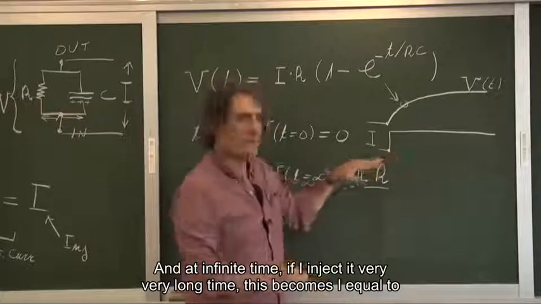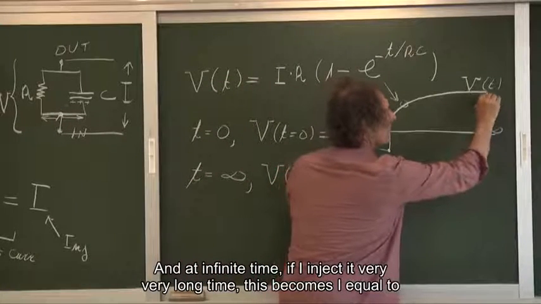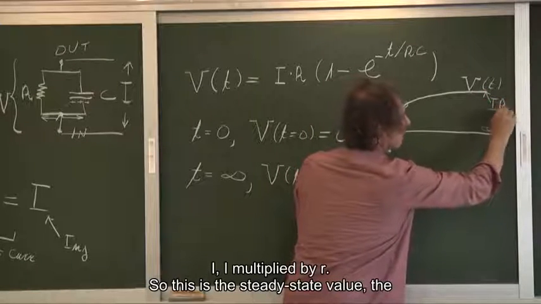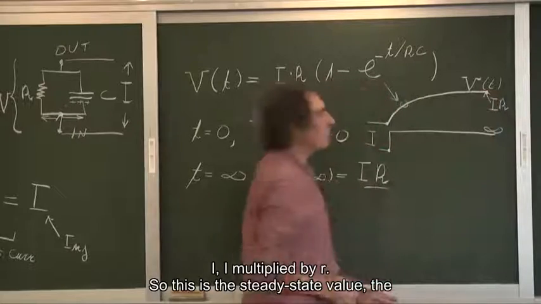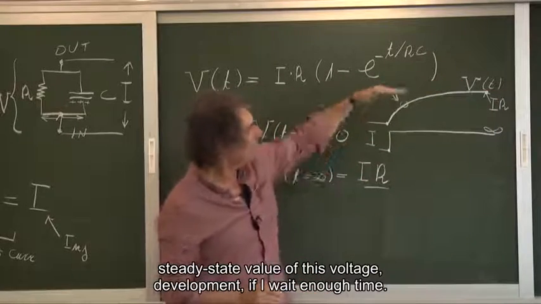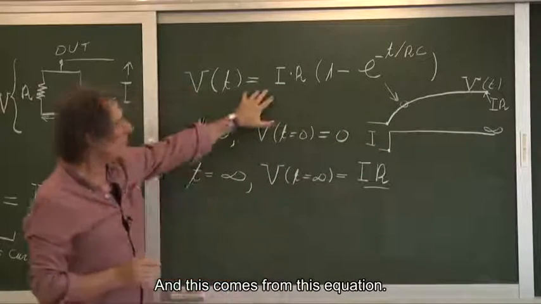And at infinite time, if I inject it for a very, very long time, this becomes I multiplied by R. So this is the steady state value of this voltage development if I wait enough time. And this comes from this equation.